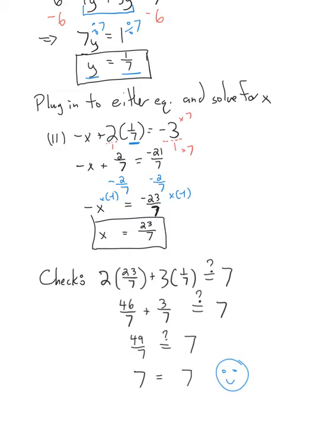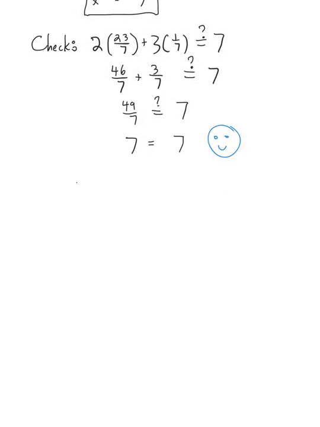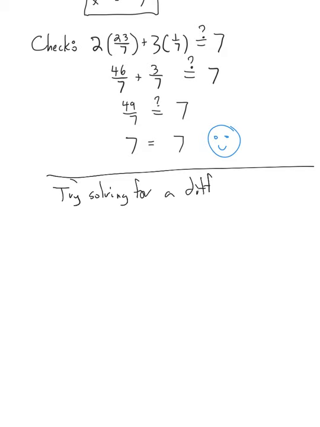So just quickly, I want to talk about if we did this by solving for a different variable at the start. So try solving for a different variable. So let's solve equation 1 for, say, y.